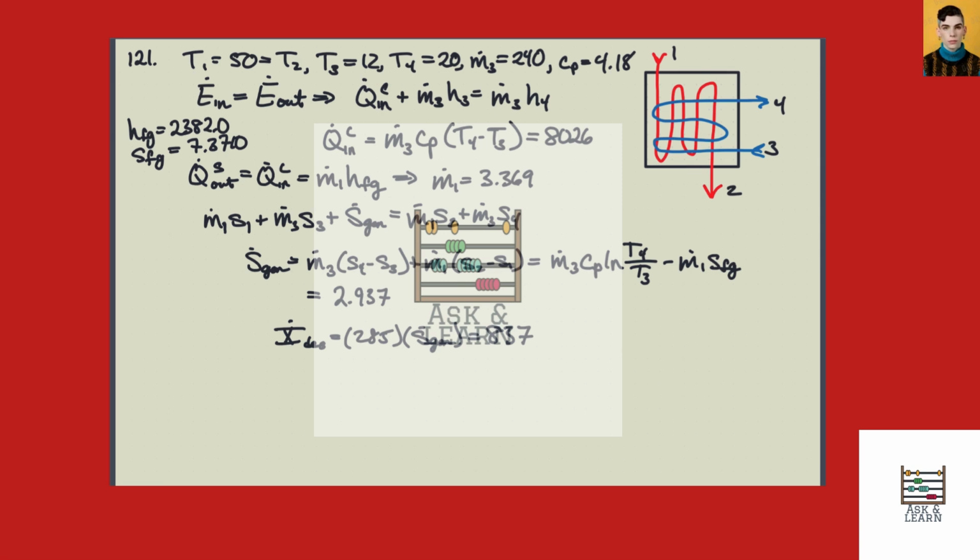Yeah, we basically assume that the surroundings are at the lake temperature, 12 degrees C. The water coming in from the lake is basically in equilibrium with the surroundings. So we plug that in, multiply by the entropy generated, and we get a rate of exergy destruction of 8.37 kilowatts.